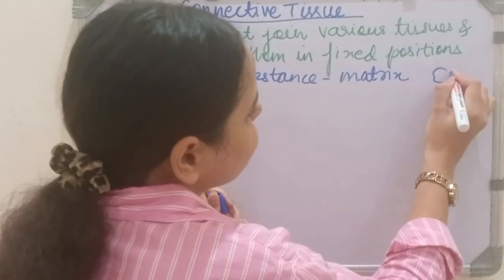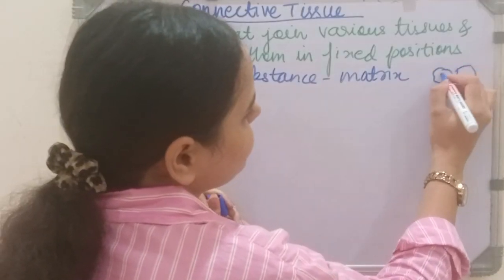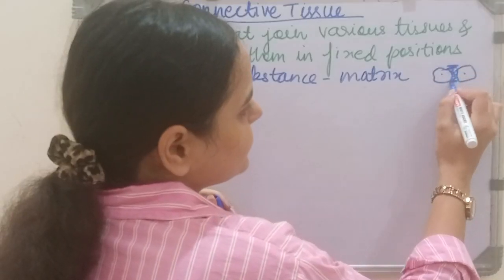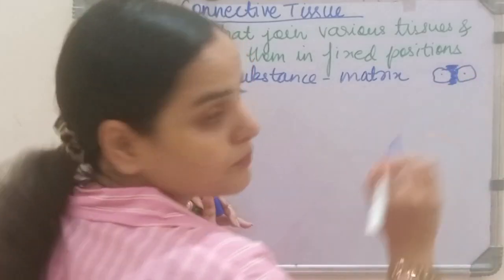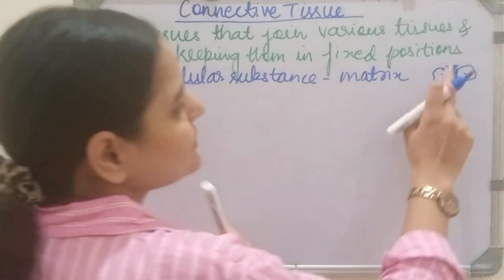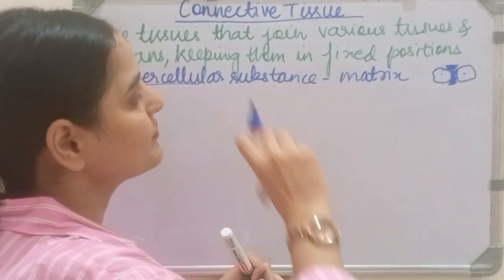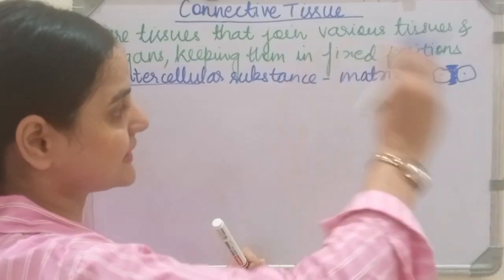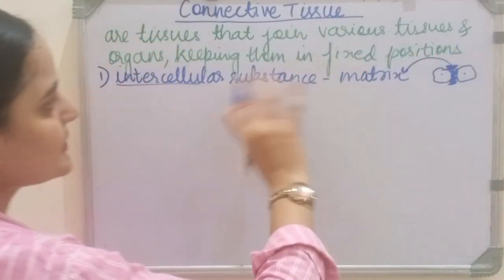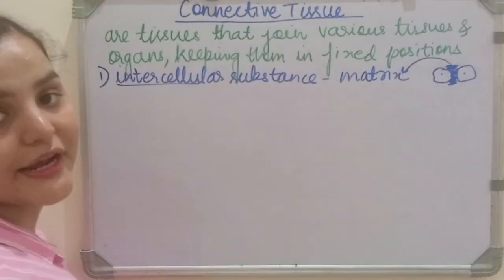Suppose this is one cell, this is another cell. In between them they have certain space which is connecting both the cells. So intercellular means between two cells. This space between two cells is known as intercellular substance, which is known as matrix. So this is a characteristic of connective tissue.